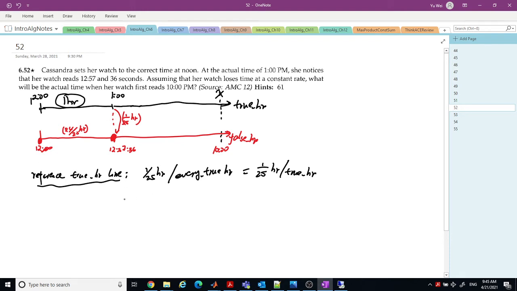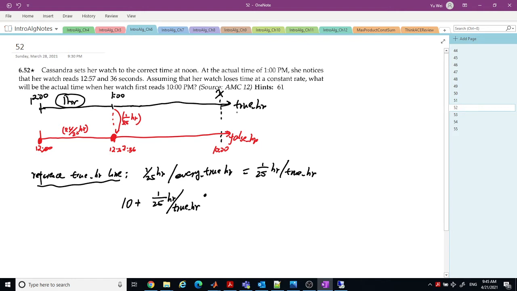So we have the 10 plus the 1 over 25 hours we lose in every true hour, times what's the period?